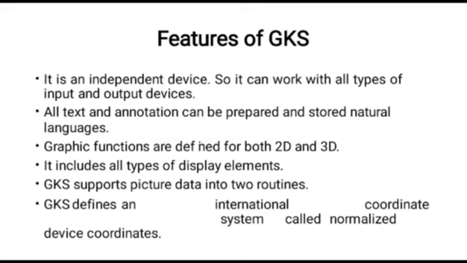It is device independent, so it can work with all types of input and output devices. Graphic functions are defined for both 2D and 3D. It includes all types of display elements. It supports picture data in two routines. It defines an international coordinate system called normalized device coordinates.